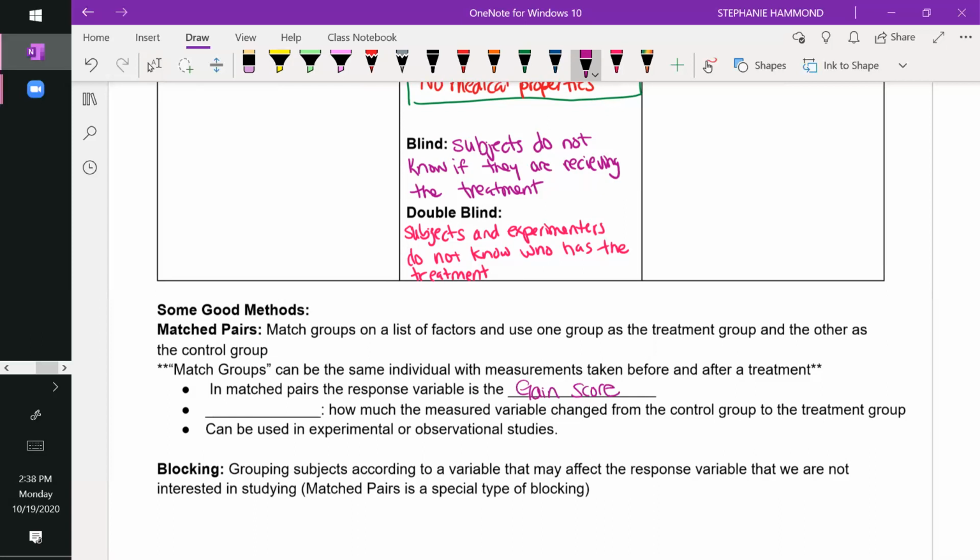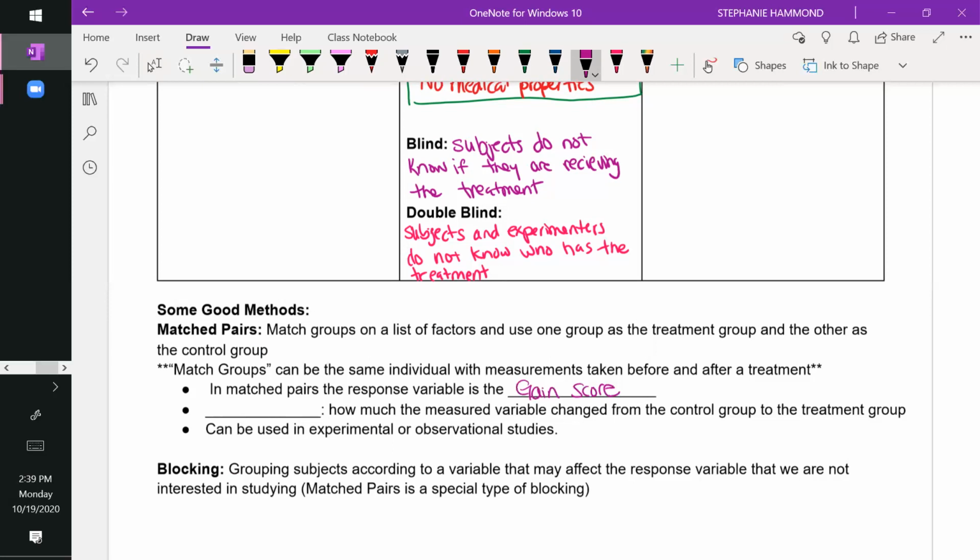Gain score is when I take their measurement after the treatment and subtract from that the measurement before the treatment to see how much it has changed. So going back to weight supplement diet pills, if I measure somebody's weight before and after they've used this weight pill, the difference in weights is the gain score.